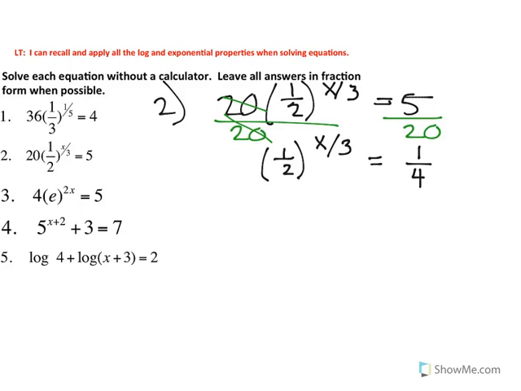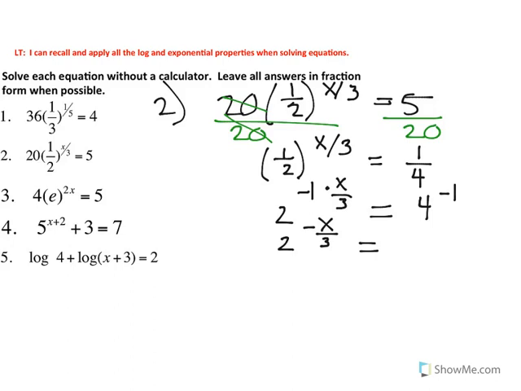Okay? I can rewrite 1/2 to be 2 to the negative 1 power, times the x over 3 power. And on the right-hand side, I can rewrite 1/4 as 4 to the negative 1 power. If I keep going, clean up the left-hand side, I've got 2 to the negative 1 x over 3 power.